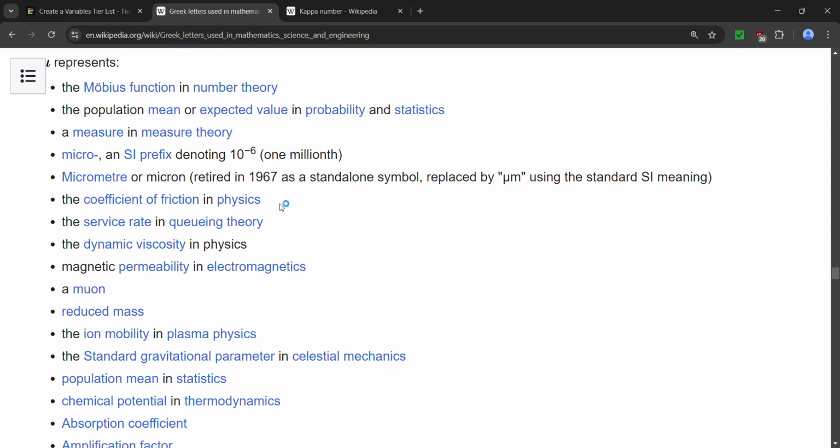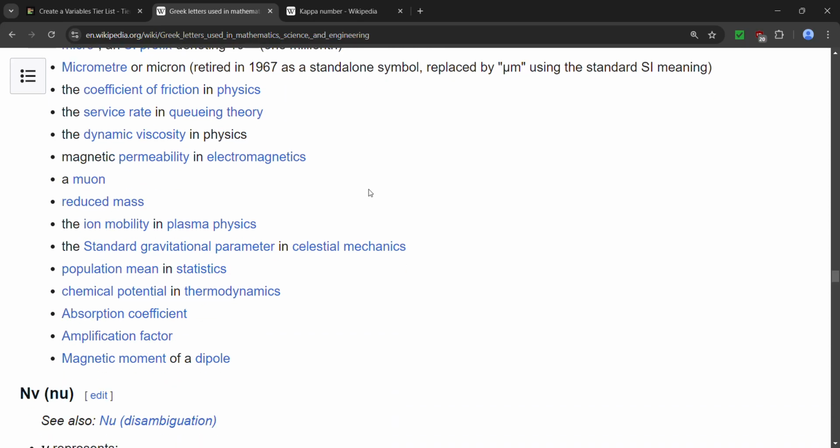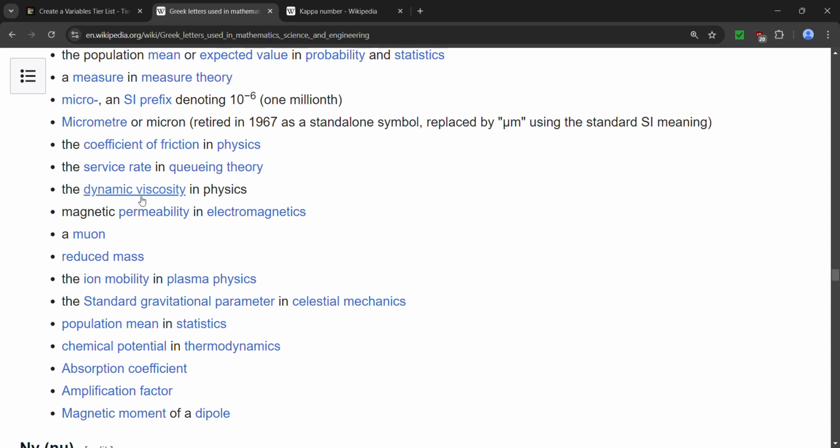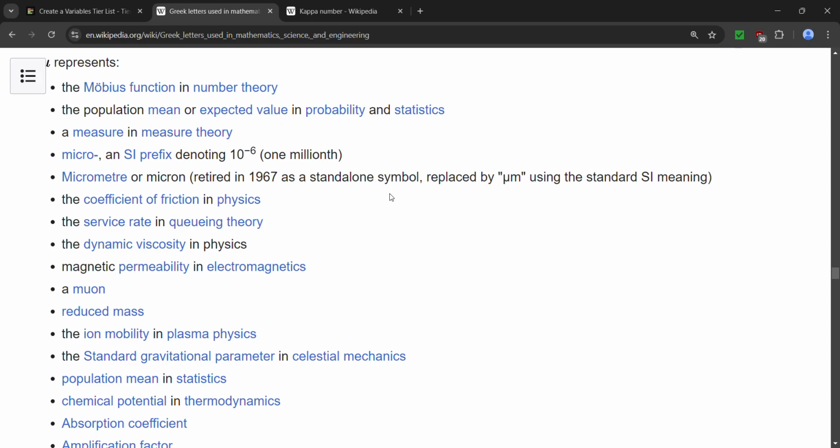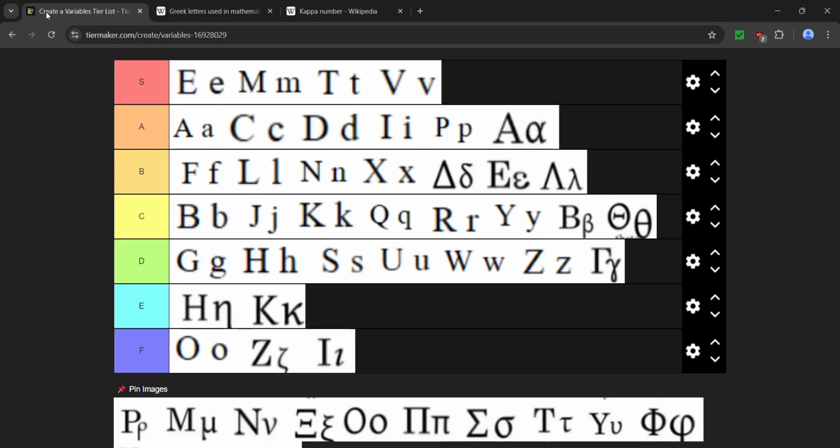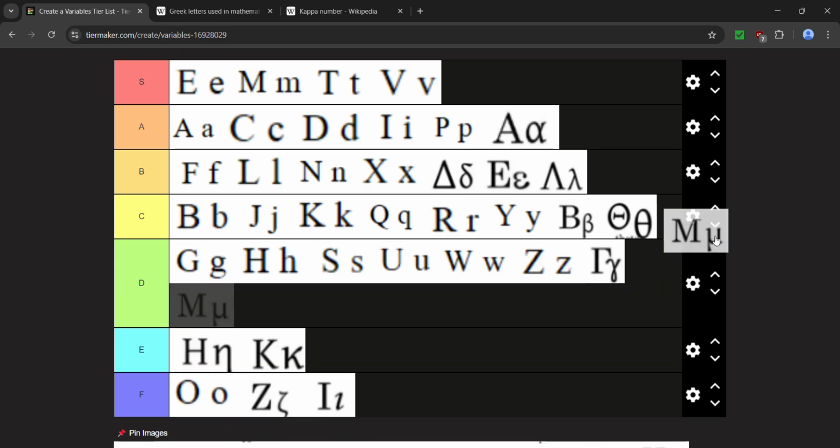I think I already mentioned that way back when I was talking about F. Dynamic viscosity. Yeah, these are all pretty good. Source coefficient, magnetic moment. These are all pretty decent. Again, none of them are great, but I like it.